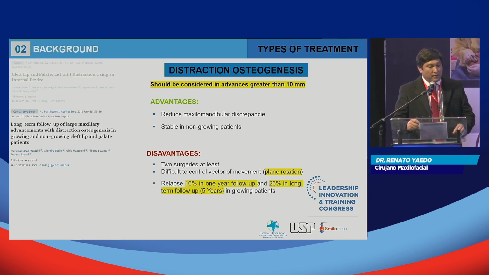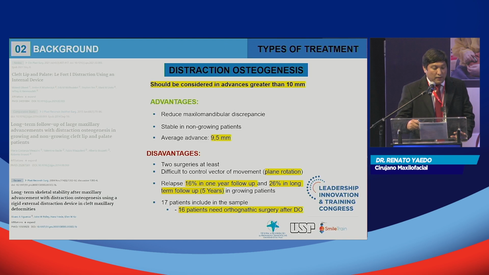We have a relapse around 20% in long follow-up. The average advancement is 9.5 millimeters, and most patients need orthognathic surgery after distraction osteogenesis.